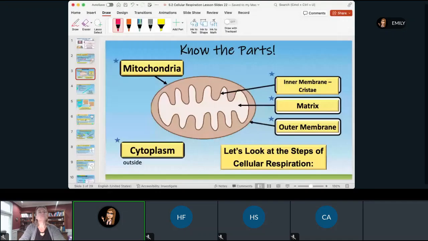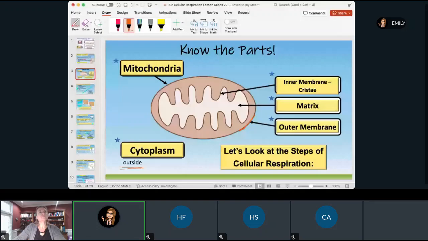So cytoplasm is outside of the mitochondria. And there are three main parts of the mitochondria that we're going to talk about. There is the outer membrane, which is this part around the edge. That's what keeps the mitochondria together.